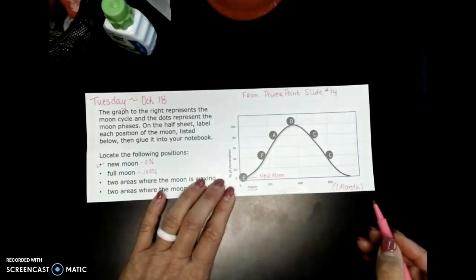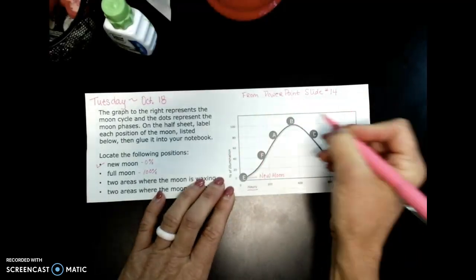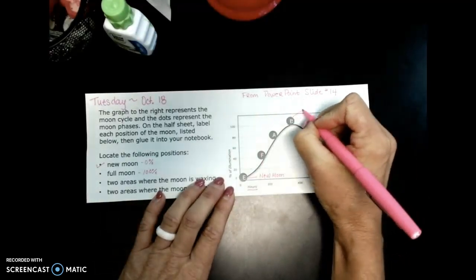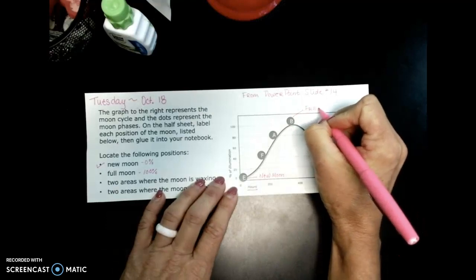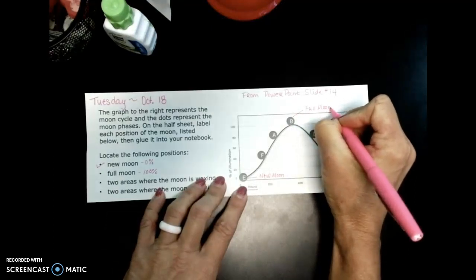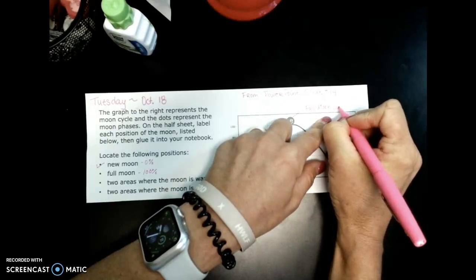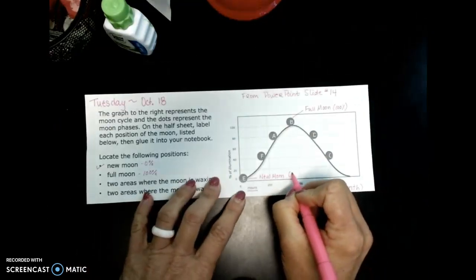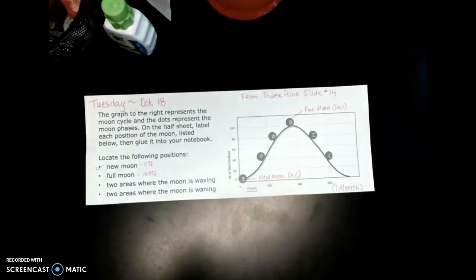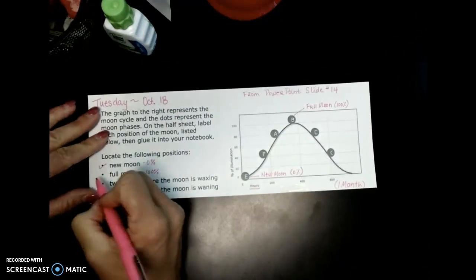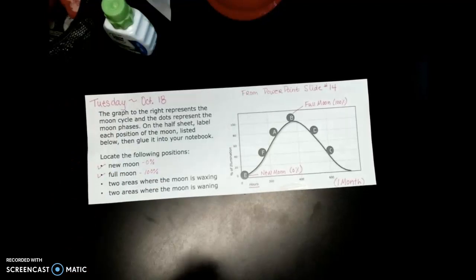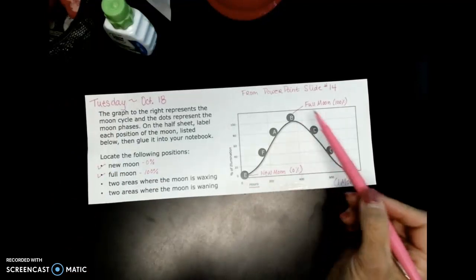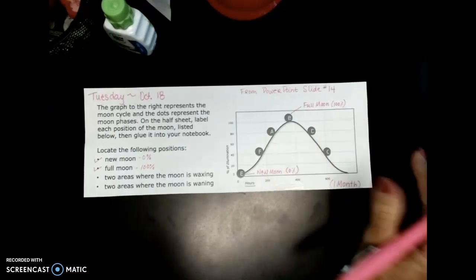B would be that full moon at 100% illumination. Okay, so having those two gives us a pattern that we're able to use to fill in the rest of our dots.